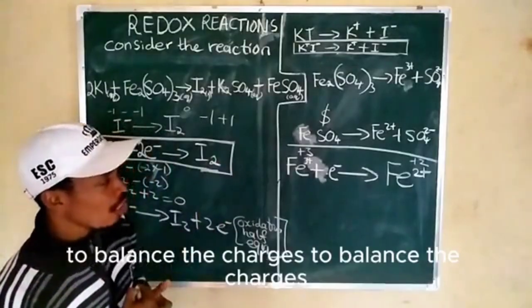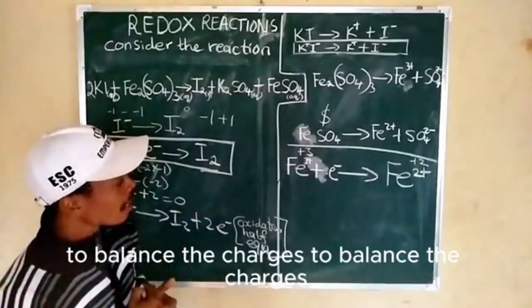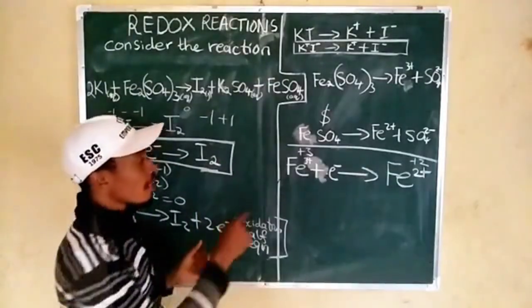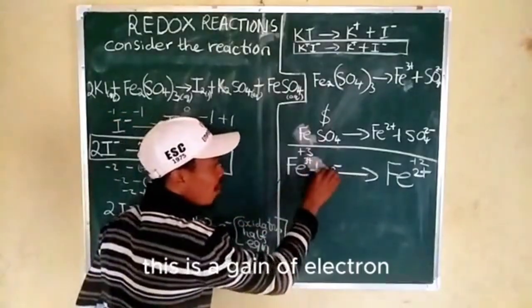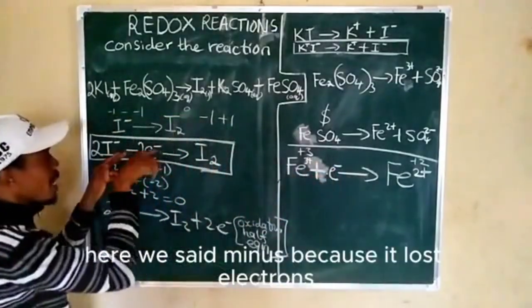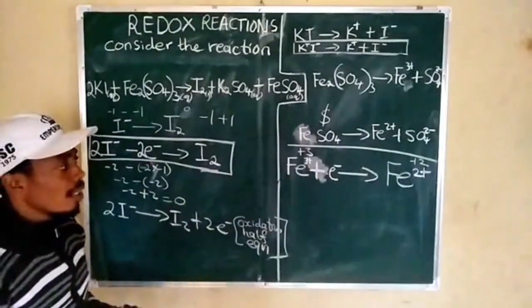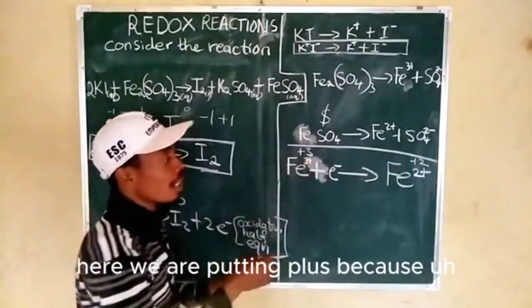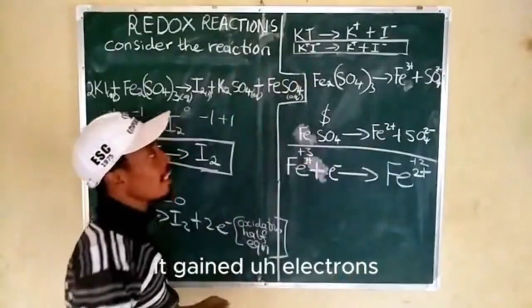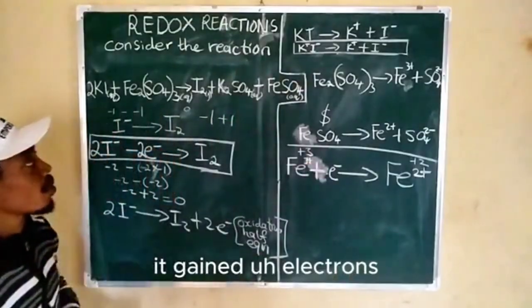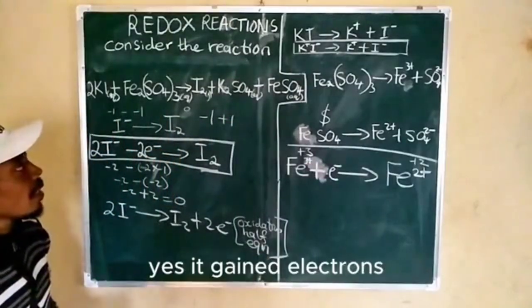To balance the charges, this is a gain of electron. Here we said minus because it lost electrons. Here we are putting plus because it gained electrons. Yes, it gained electrons.